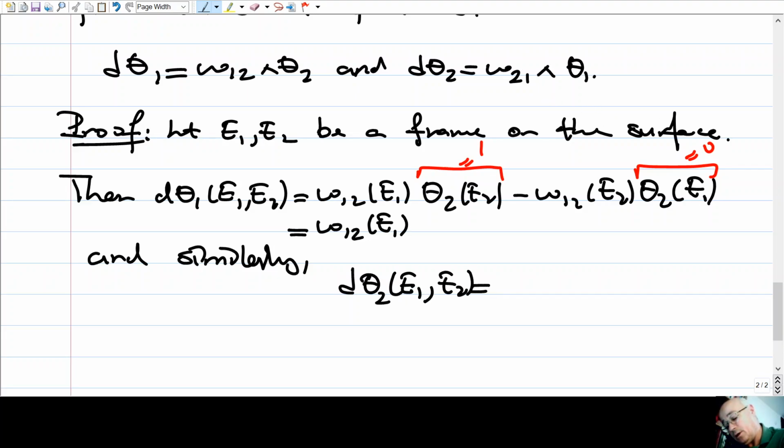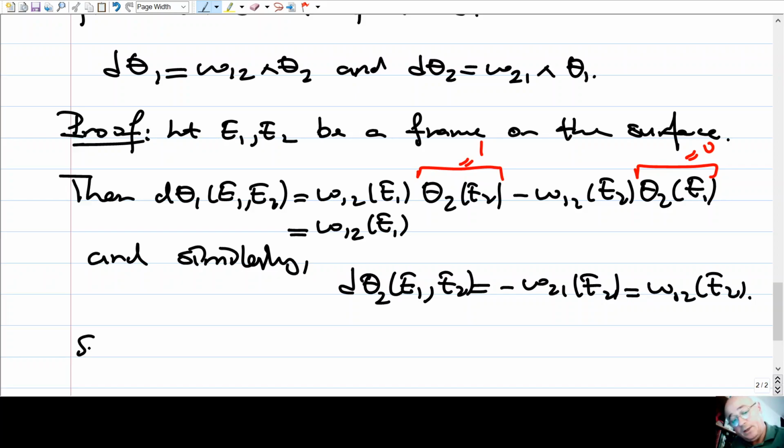So if I do that, I will get minus omega 2 1 of E2, which is omega 1 2 of E2.